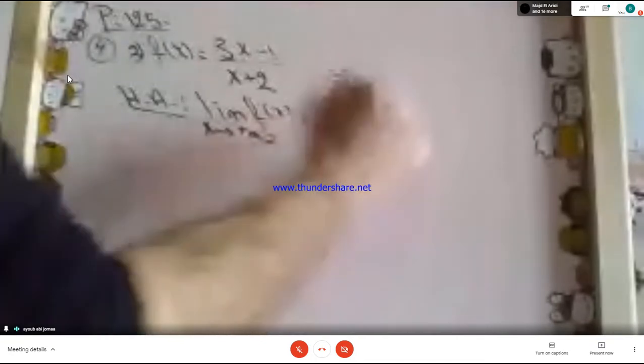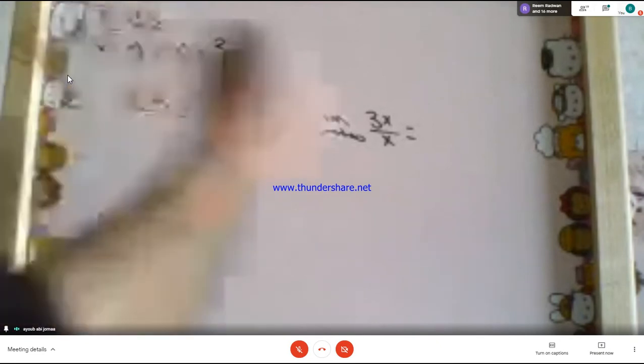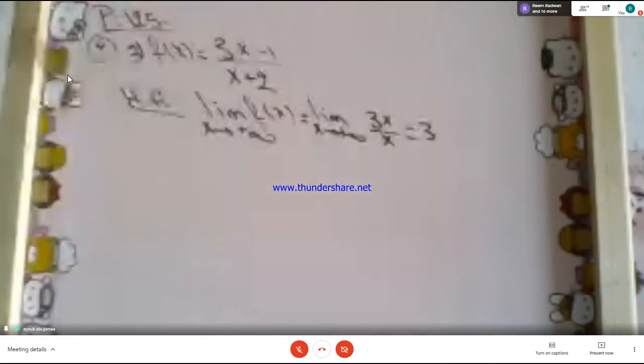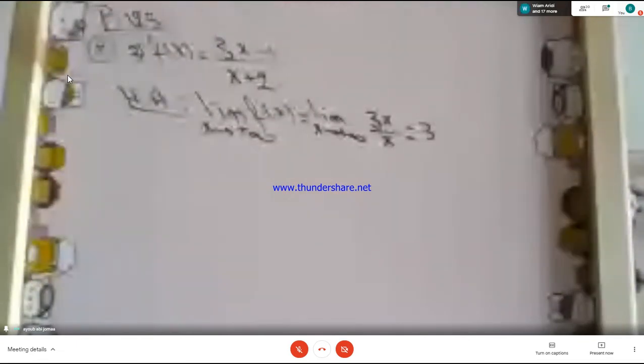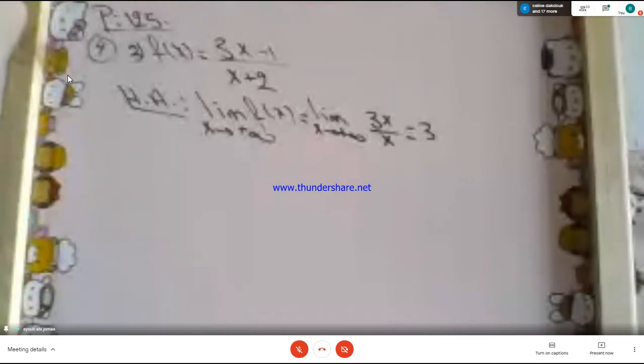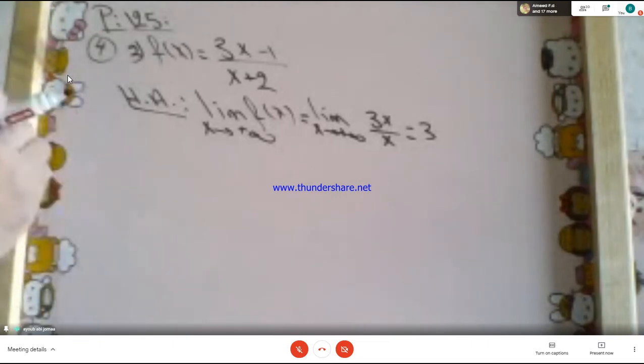And what's the answer? 3. Can we deduce something? That there is a horizontal asymptote because we got a number. What's the equation? Yes, Natalie, y equals 3. The straight line of equation y equal 3 is the horizontal asymptote.